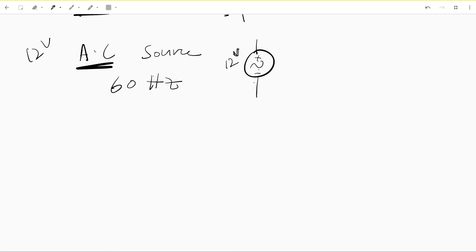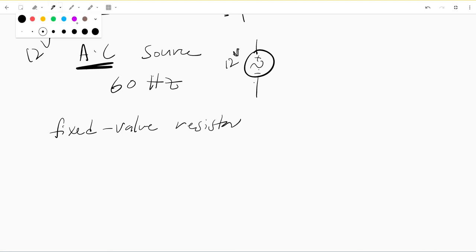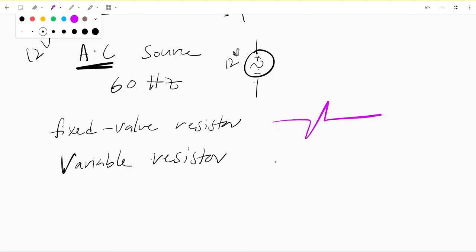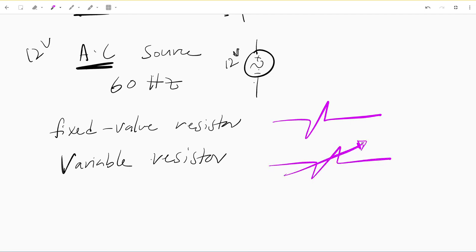Next symbol is a fixed value resistor, which looks something like this. A variable resistor, as we will see in the future, looks like a regular resistor, but with a line slash through it with an arrow.